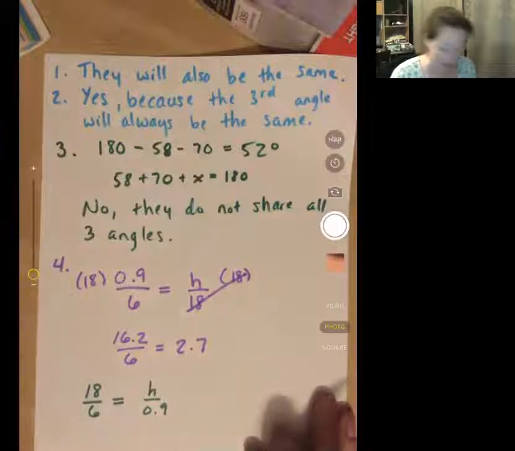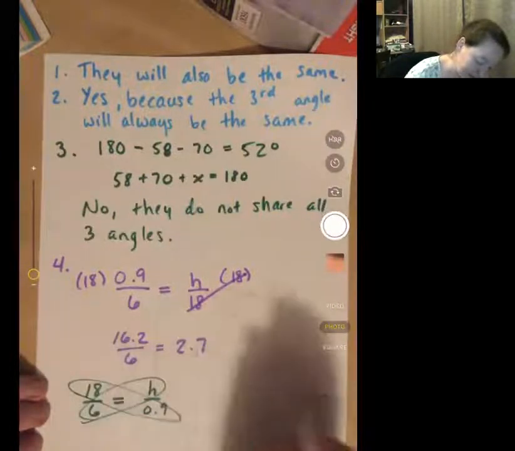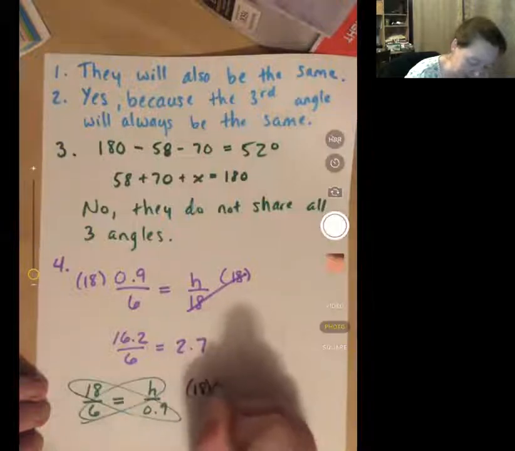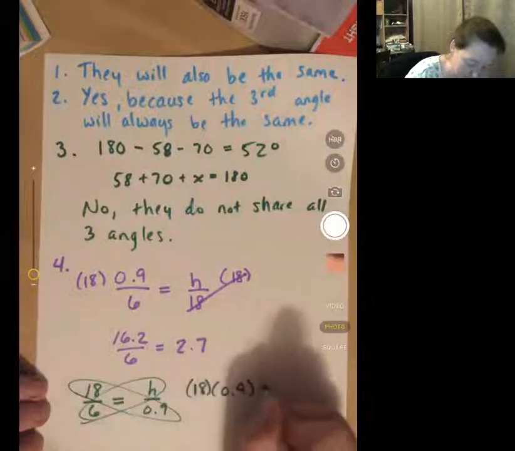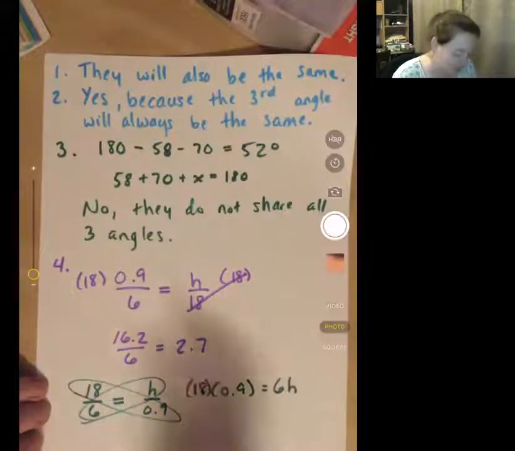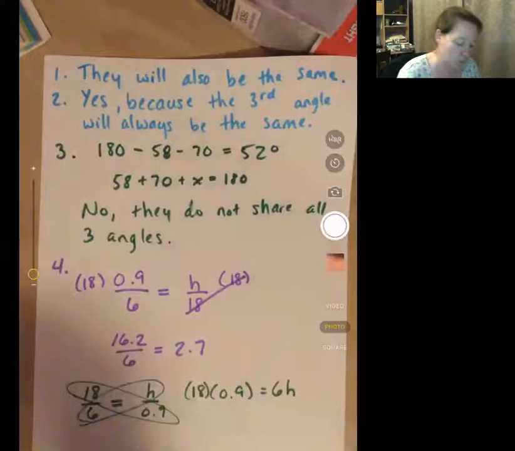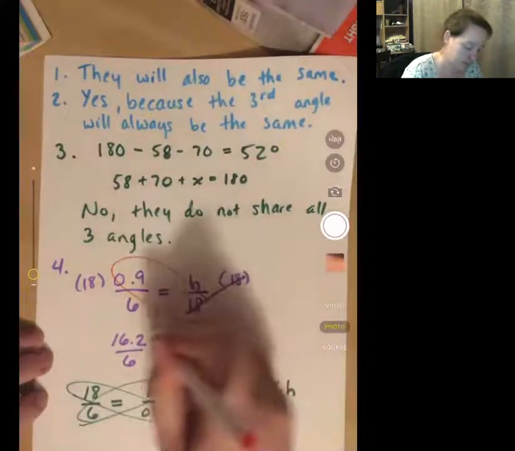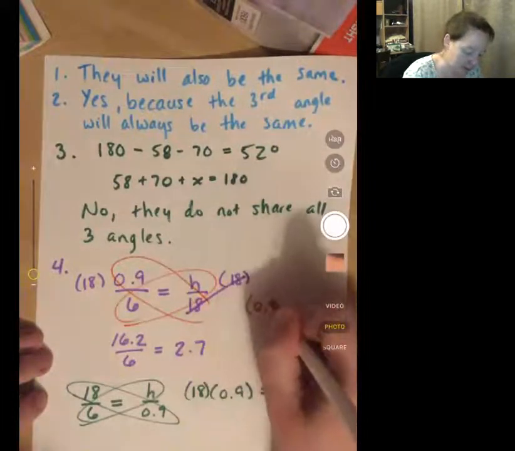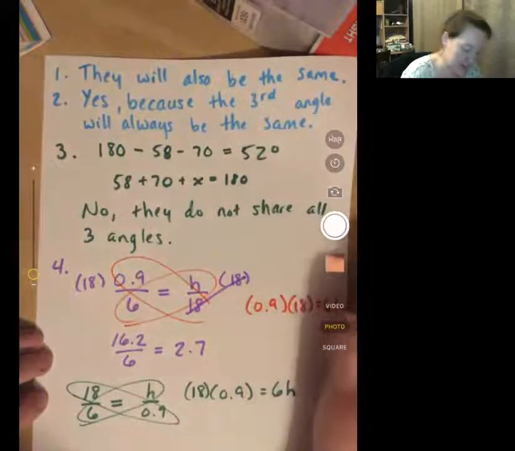So using the butterfly method, I would end up with my initial problem looking like this. 18 times 0.9 is equal to 6h. Had I used the butterfly method up here in this one, I would have ended up with 0.9 times 18 is equal to 6h.